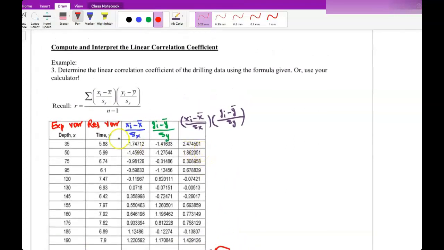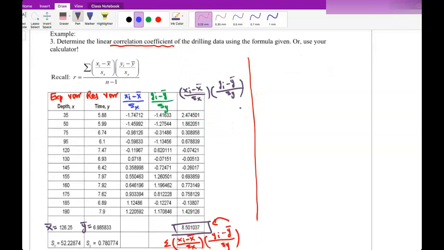Okay, so we were asked to use this formula to find the correlation coefficient. So r is equal to, we already have all this data. On top we have 8.5010 37, divided by n minus 1.